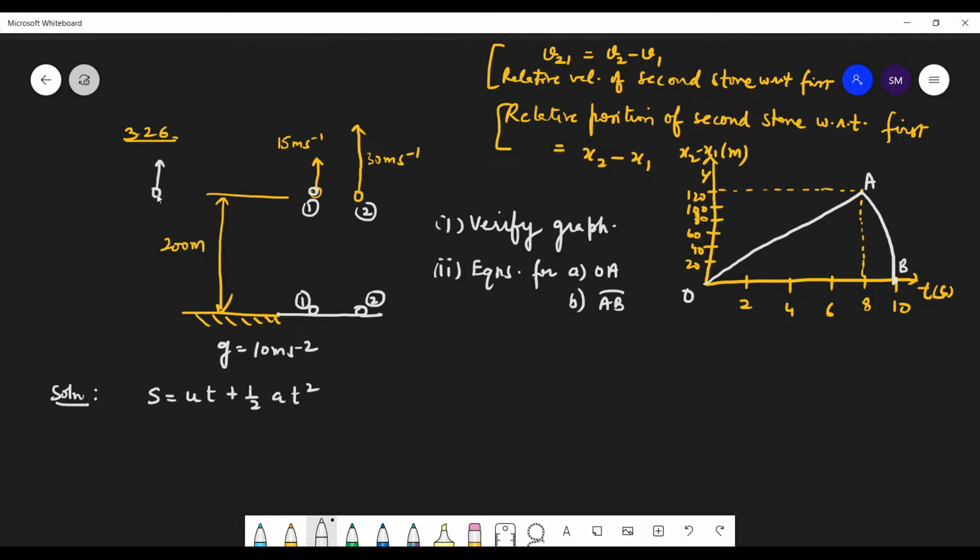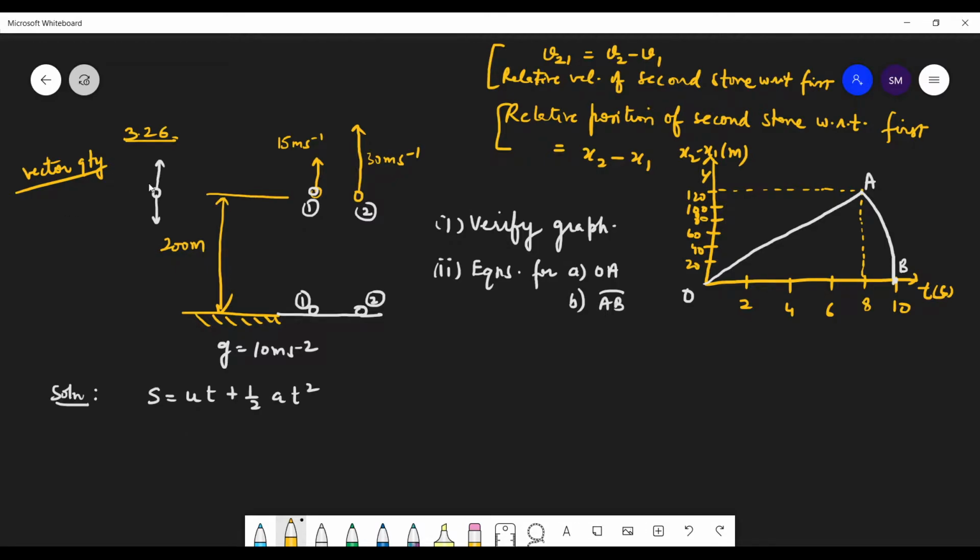The stone will either go up or go down. So one of the directions we have to take as positive and the other direction will definitely be negative. Why do we need to take these directions? Because to represent vector quantities, I need magnitude as well as direction.